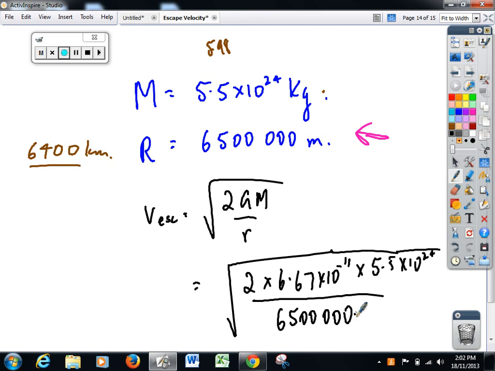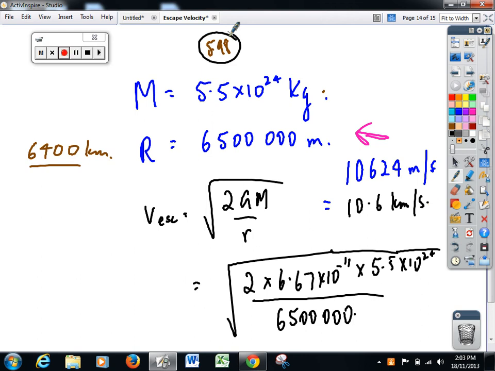Once that is square rooted, what do I get as my answer? 10,624 metres per second. You often put this into kilometres per second, so that's 10.6 kilometres per second. The Earth is around about 11 kilometres per second, and the reason is that the mass has more effect on this in this case. Are we okay with how that works? Okay.